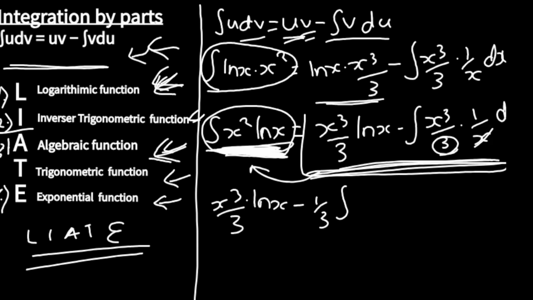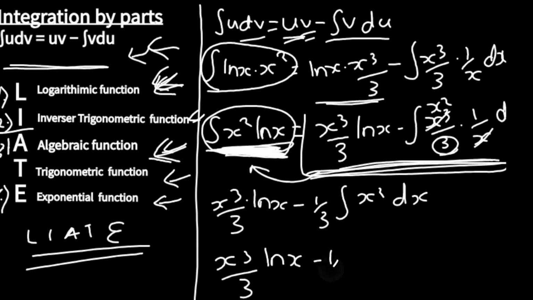The x here will cancel out with this x cubed, and we will remain with x squared dx. So that is x cubed over 3 ln x minus a third. What is the integral of this? The integral of that is x cubed over 3, right?